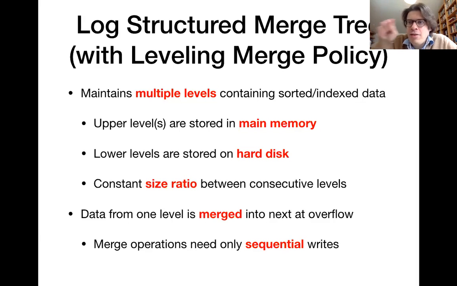So I don't insert single tuples randomly, but I'm merging 2 large batches of tuples, and thereby I get a pretty efficient write throughput. So whenever one of those levels fills up, I'm merging the content into the next lower level.